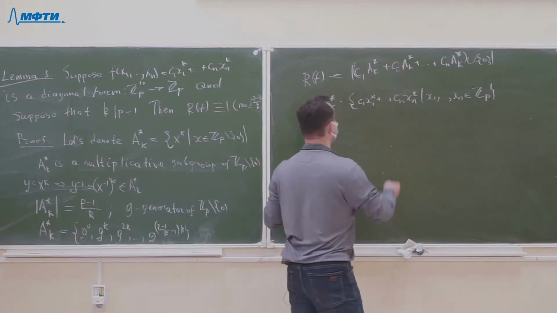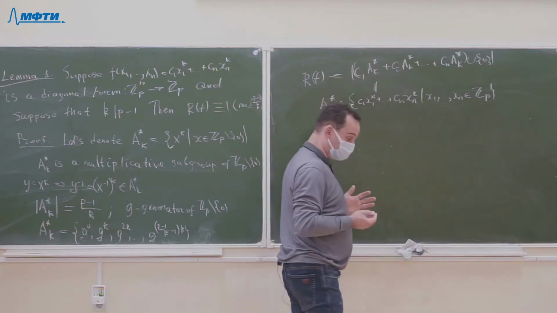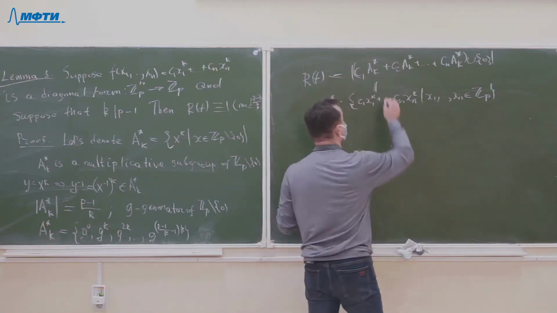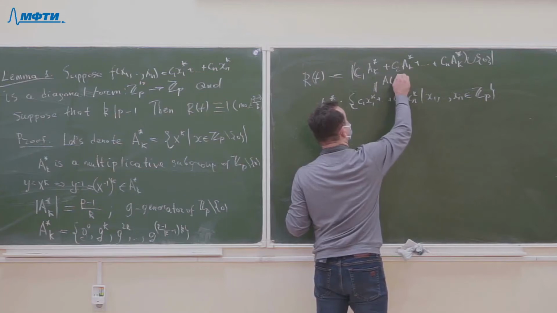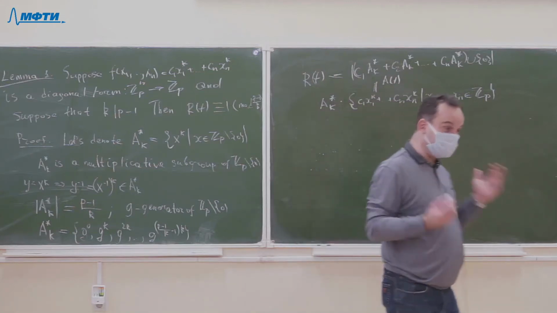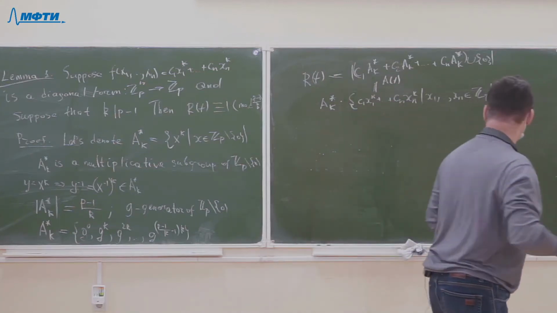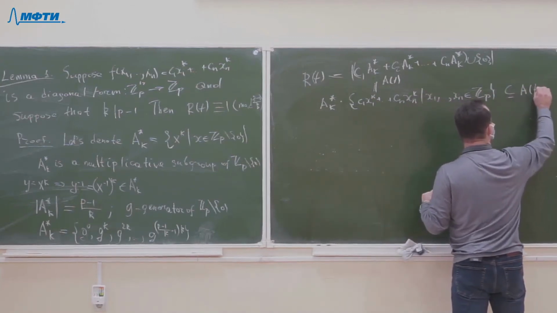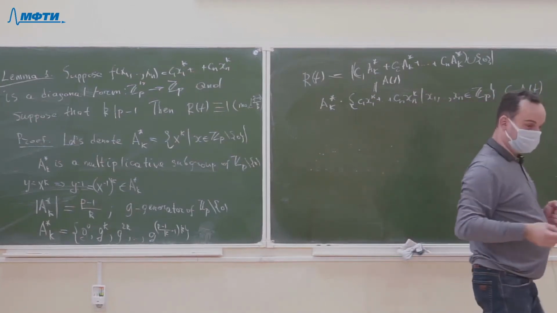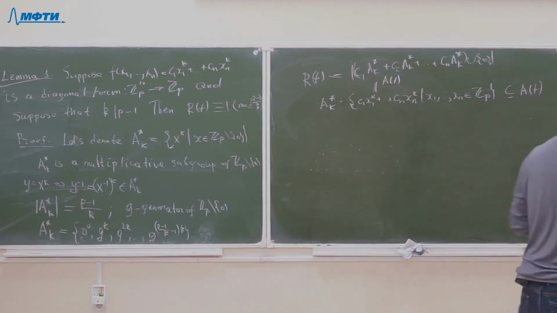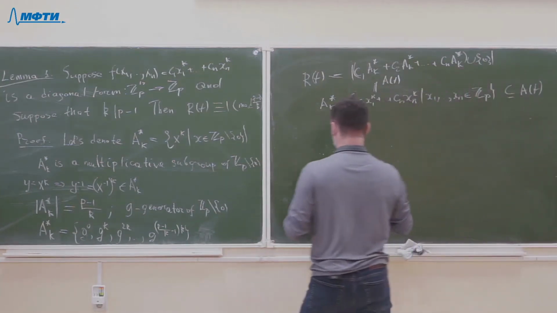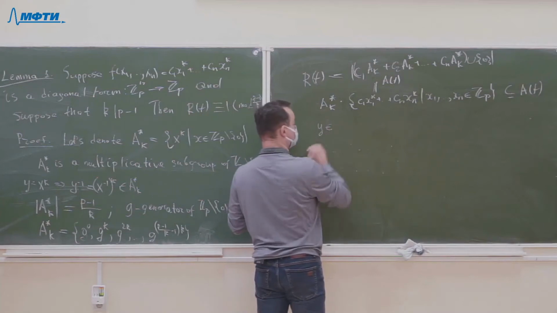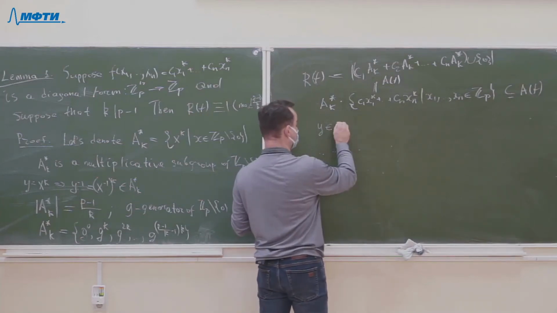Well, let's denote it somehow. Let's call it A of f. It's the image, right? It's a subset of A of f. Let's prove it. Well, let's take any y from AK star.